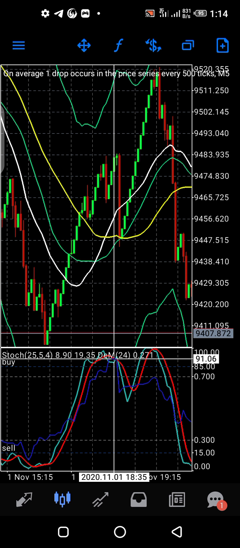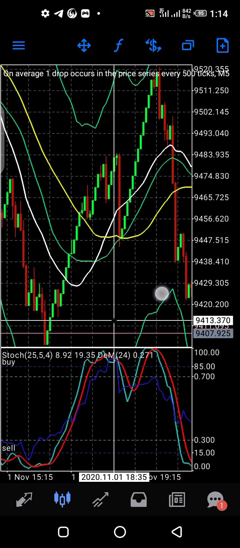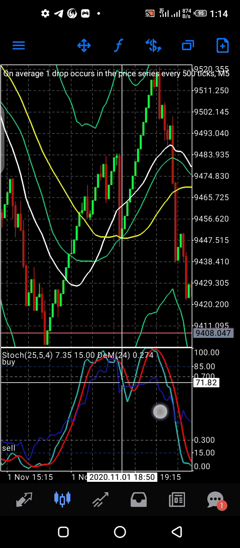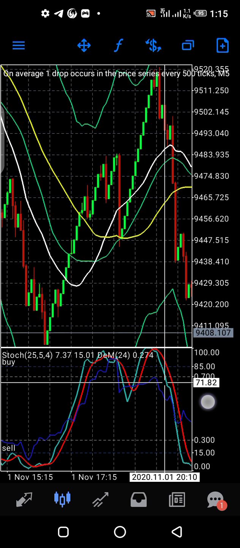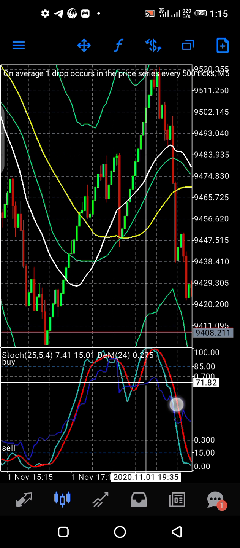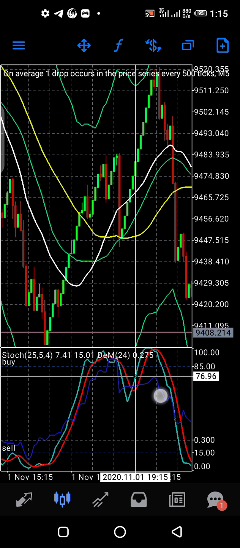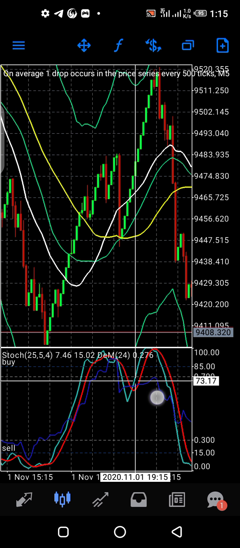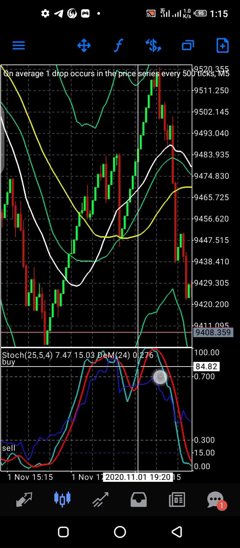Now, once it crosses the line above this 0.700 line, you can still place a trade. But to be sure, place a trade once it crosses this 85 line.